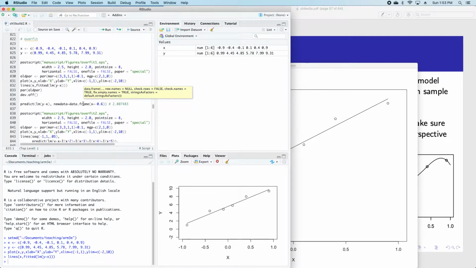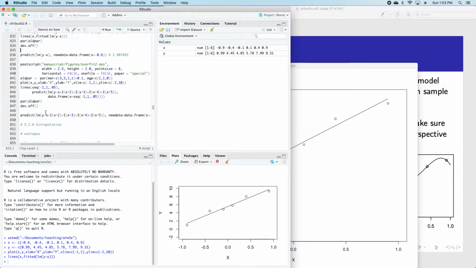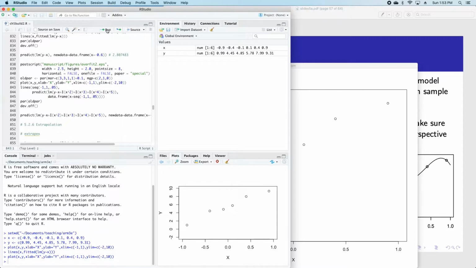But we've been learning about the possibility of polynomial models where we can add higher and higher powers of x to the model. And if we do that, we can get a very different picture of what's going on. So let me redraw the graph.